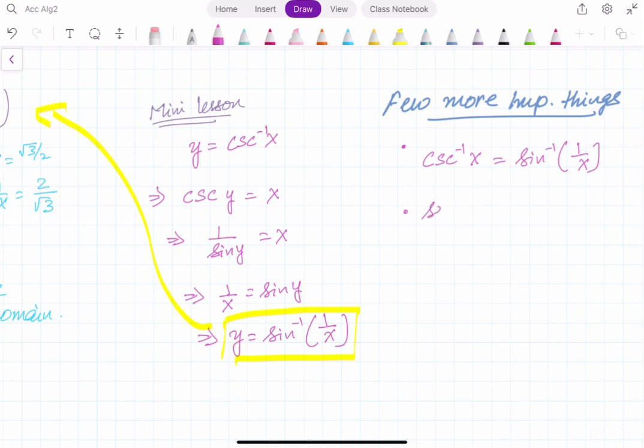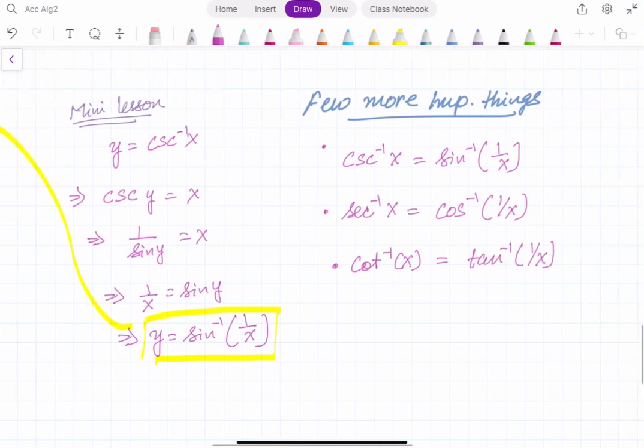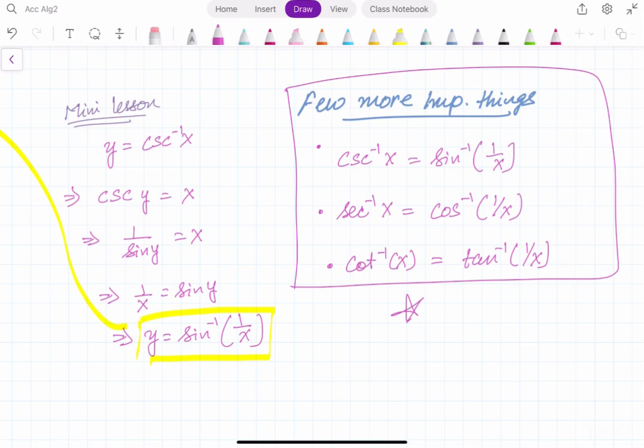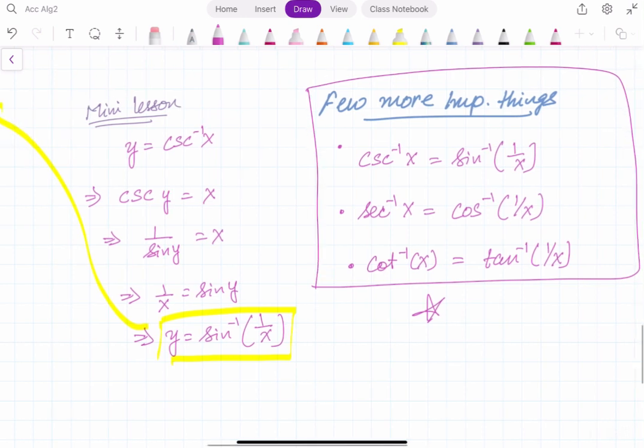Same way, secant inverse x can be written as cos inverse of 1 over x. Cot inverse x can be written as tangent inverse of 1 over x. So whenever you encounter these kinds of problems, just switch them into sine, cos, and tangent format.